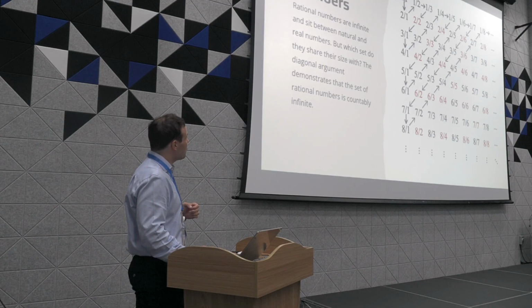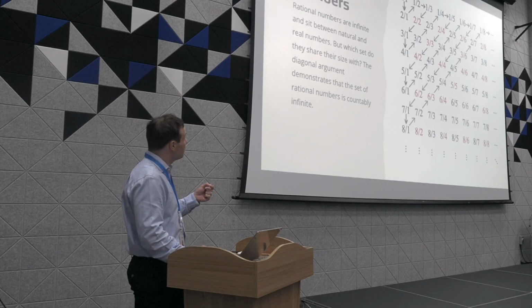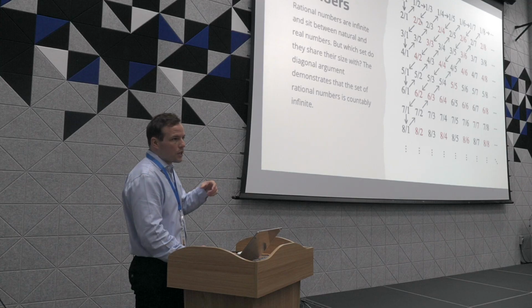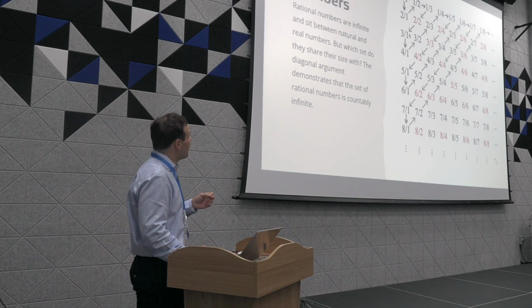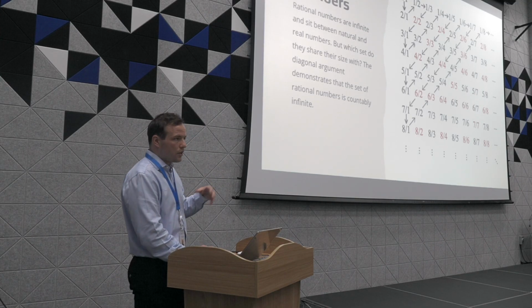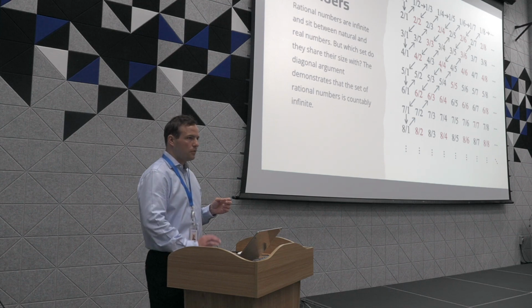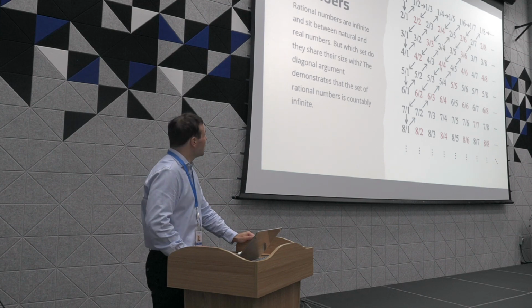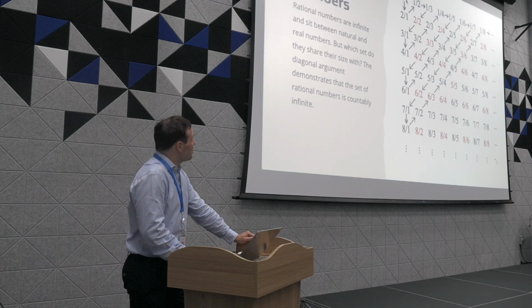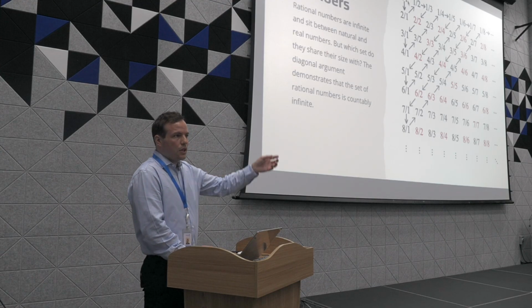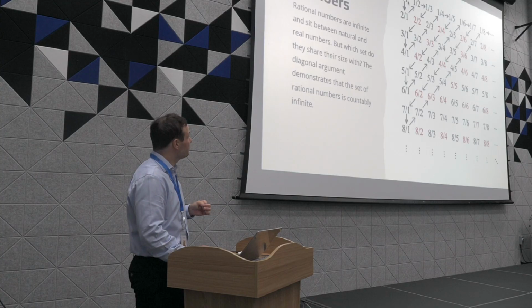So we start here at 1, we send 1 to 1, 2 to 2, 1/2 to 3, 1/3 to 4, skip over this one because it's already in the set, 3 to 5, 4 to 6, and so on. We keep snaking our way through the grid. So what we see is that the rationals are being mapped into the natural numbers in a one-to-one fashion.